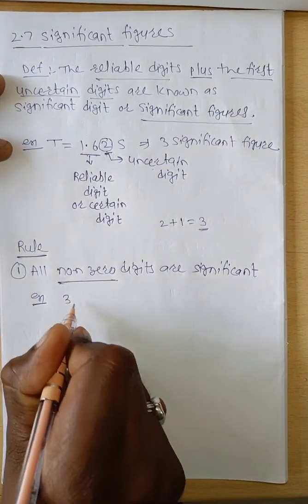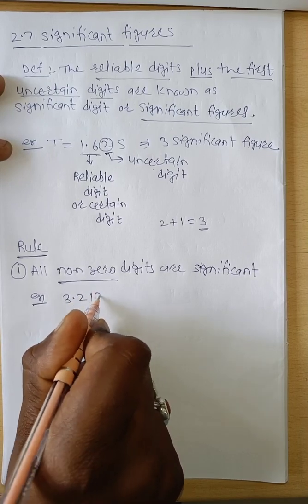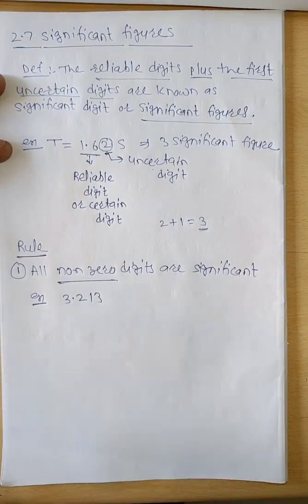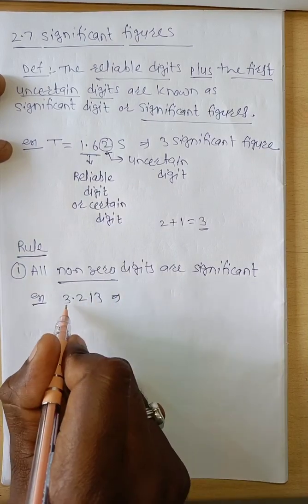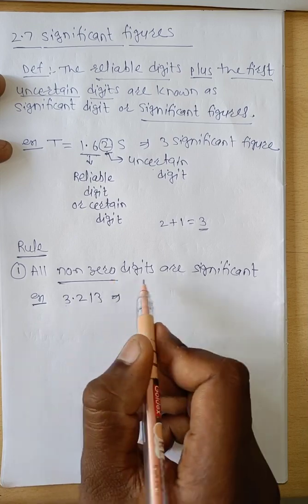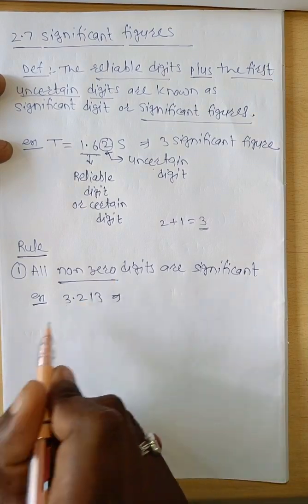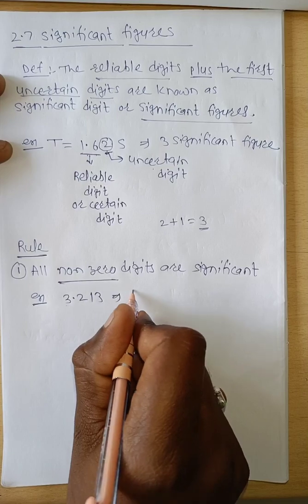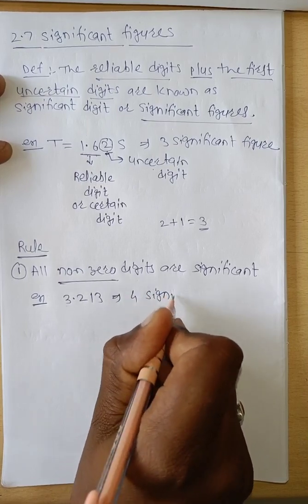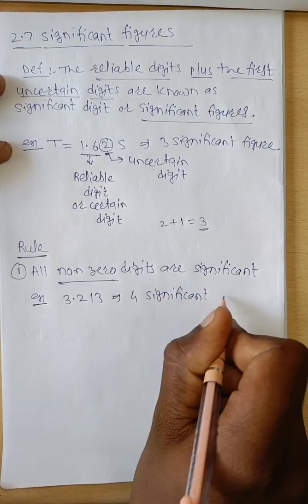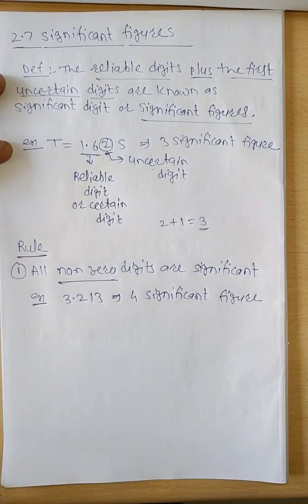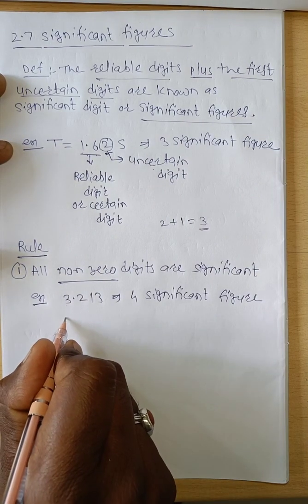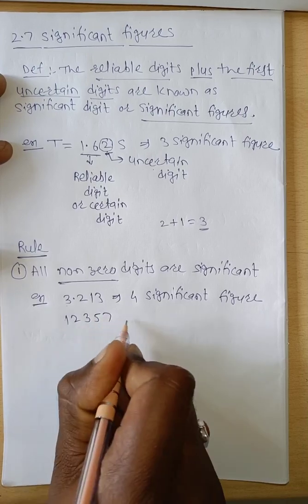Now for example, 3.214. Here all digits are non-zero. How many digits? 1, 2, 3, 4. All digits are non-zero, therefore the number 3.214 has 4 significant figures. Next, 12357.